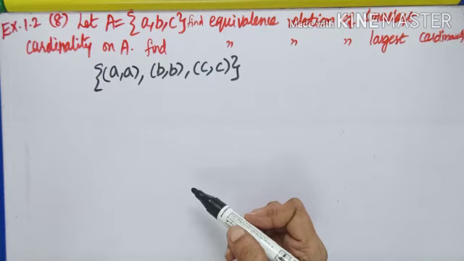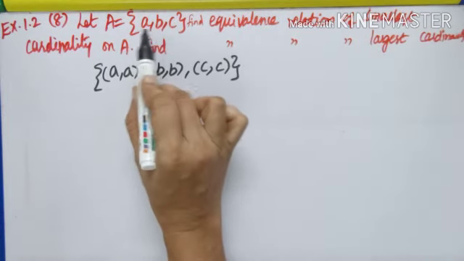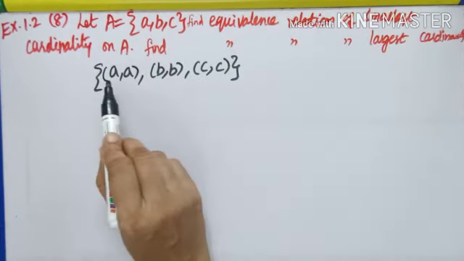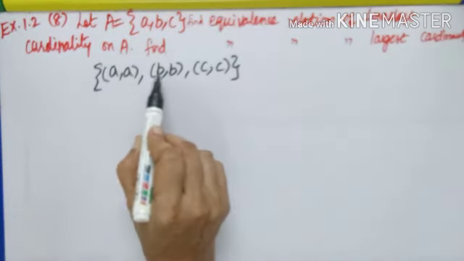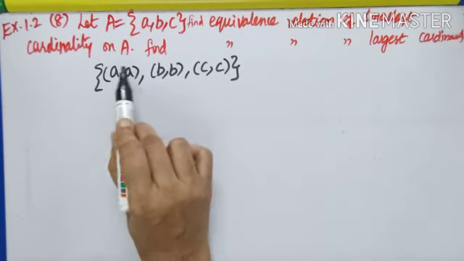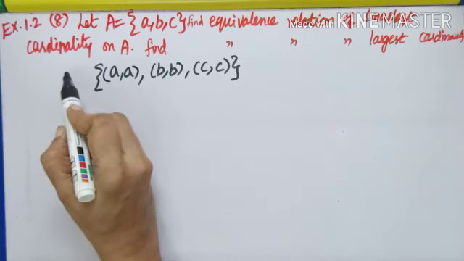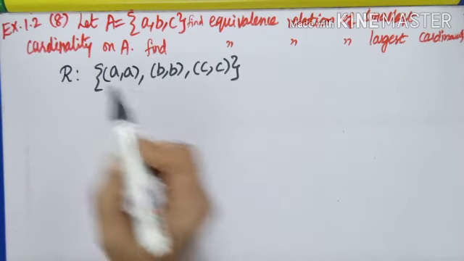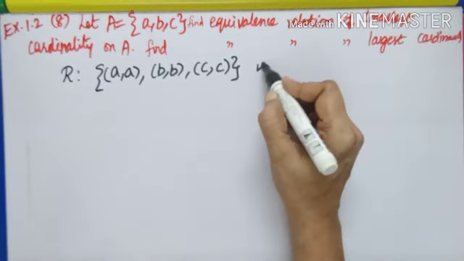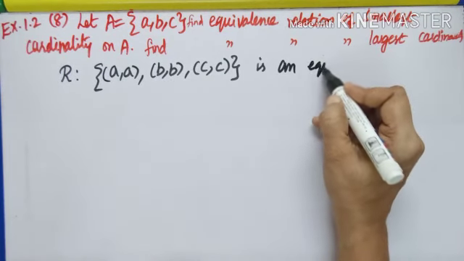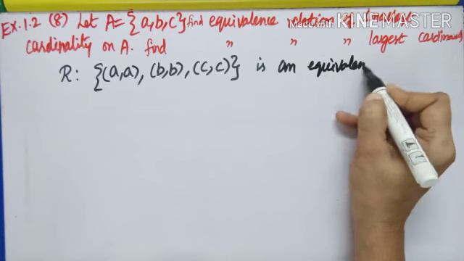So always remember, with all the elements given in A, let me write the ordered pairs repeated like this: (a, a), (b, b), (c, c). This is a new relation that I write, and this relation is an equivalence relation. Check whether it is correct.